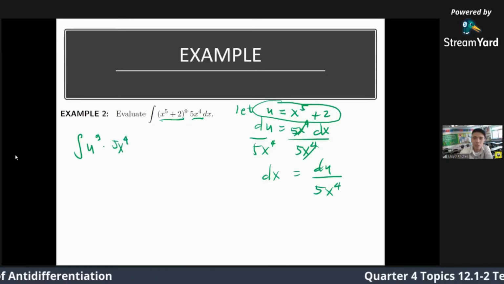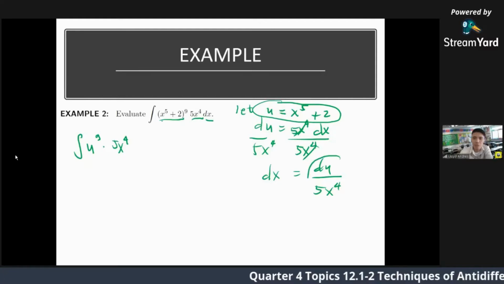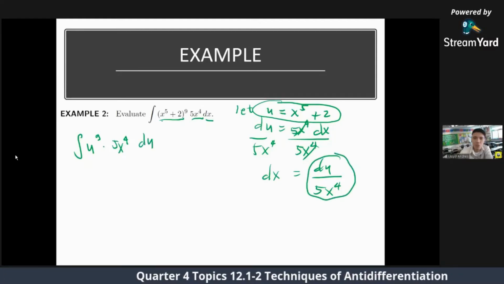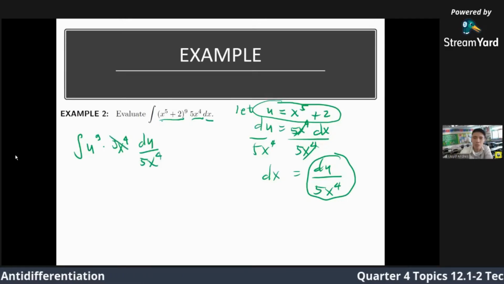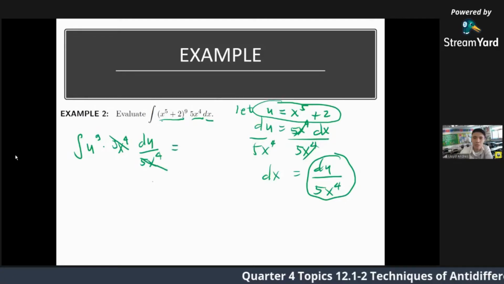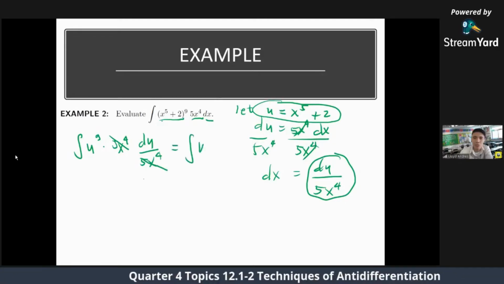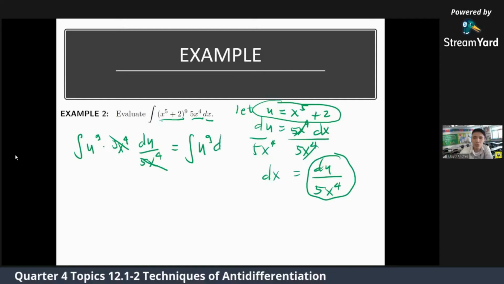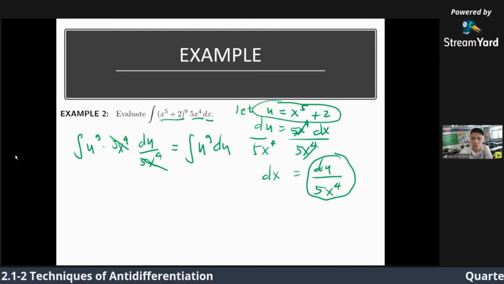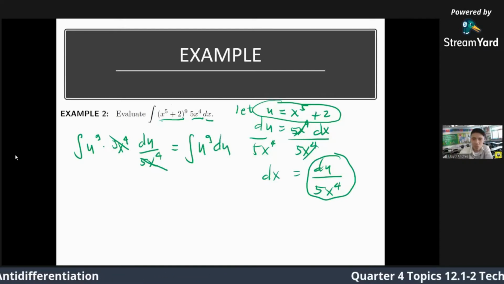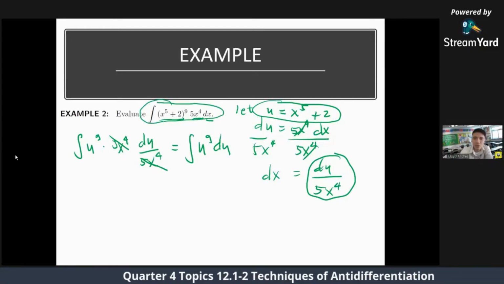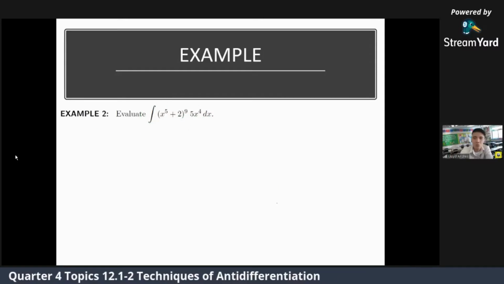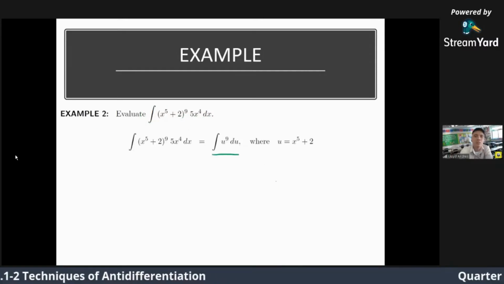Then substitute dx, which is du over 5x raised to 4. Then simplify, so 5x raised to 4 cancels out. The final simplification would be u raised to 9 du. So we have simplified it, and it is simpler compared to the original.